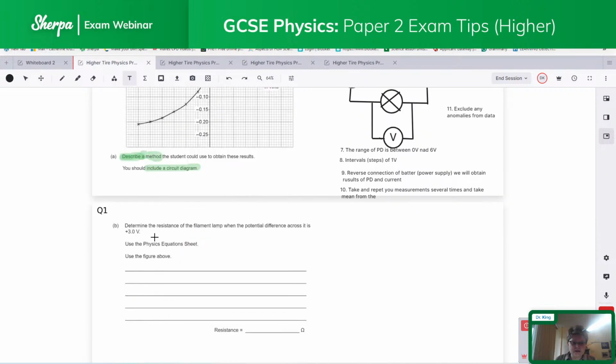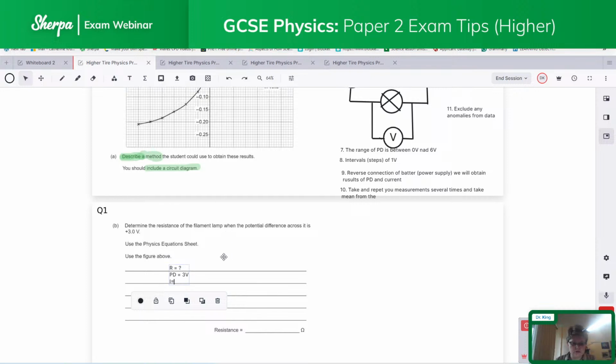They ask us to determine the resistance, so I know what I need to find. My R is what I'm looking for. I have the information that the potential difference equals 3 volts. What is missing is my current, but they ask you to use the figures from above.